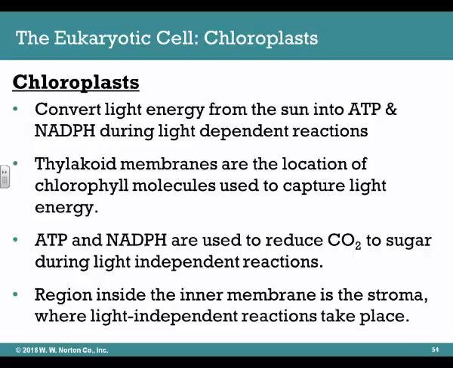And then in some eukaryotic cells, those that are capable of carrying out photosynthesis, they have another membrane-bound compartment. The chloroplast has an outer membrane, an inner membrane, and a thylakoid space that's also membrane bound.